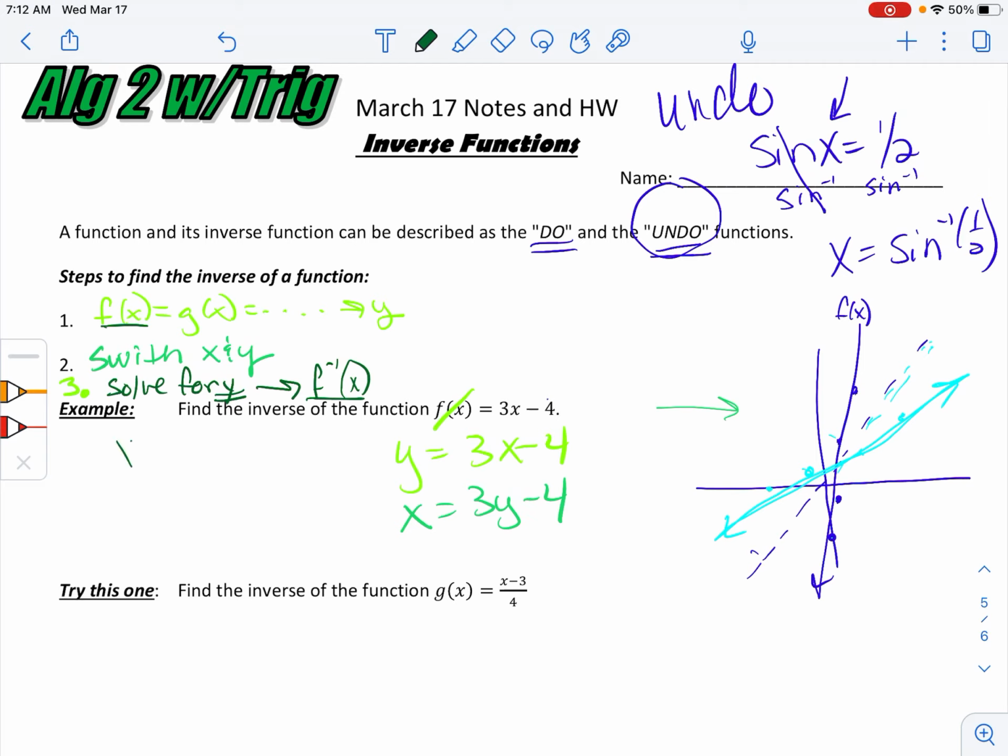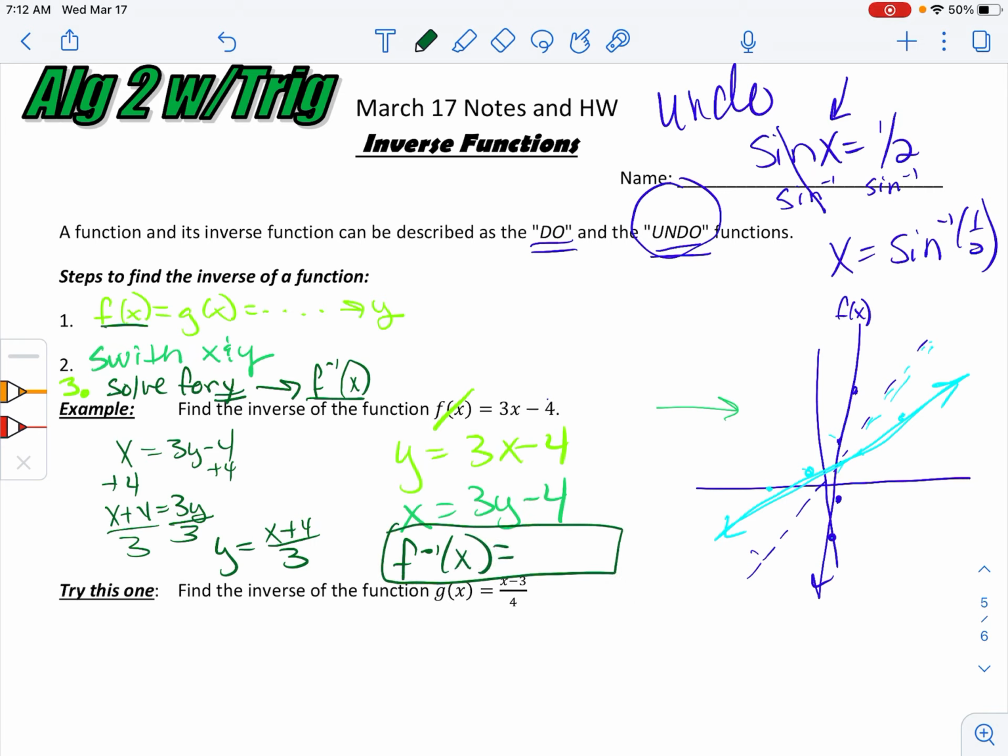So I'm going to take x equals 3y minus 4, and I'm going to get that y by itself. So x plus 4 equals 3y. Divide by 3, divide by 3. So y equals x plus 4 over 3. But the better end answer is this inverse notation.